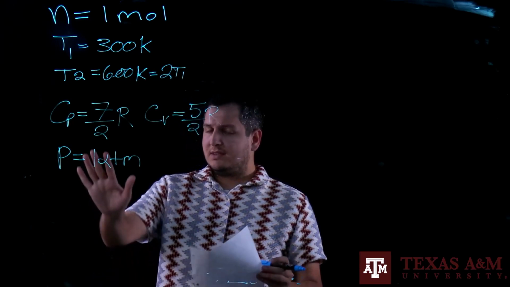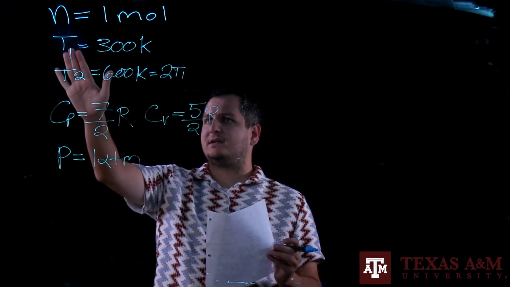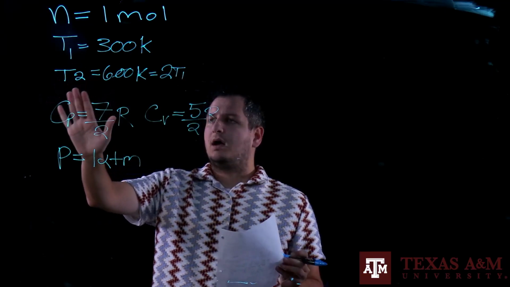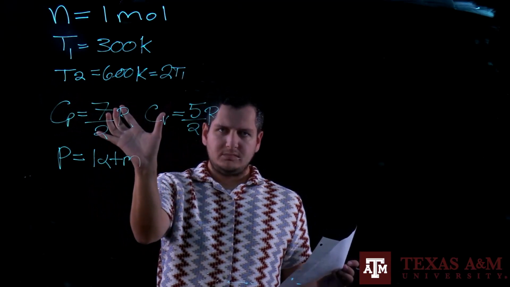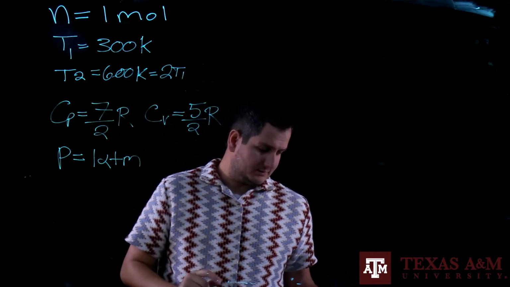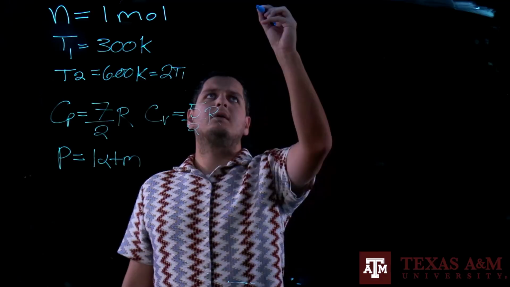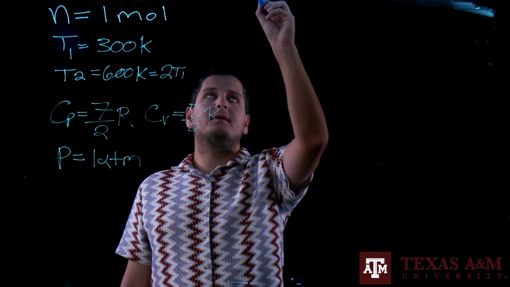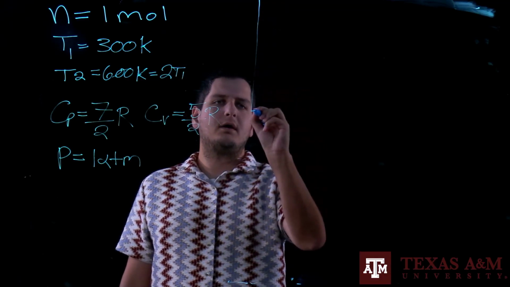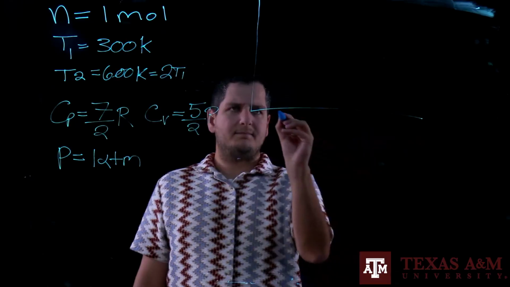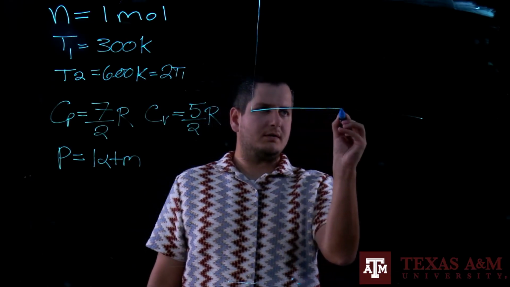We are told that pressure is held constant. We have an initial and final temperature. And we have these heat capacities, right? Let's draw the PV diagram first.